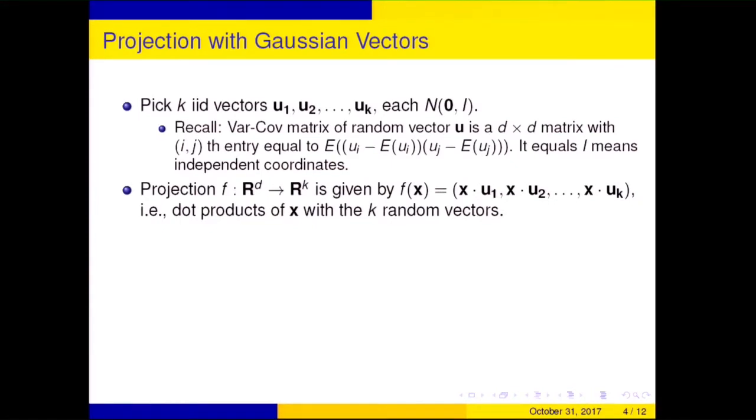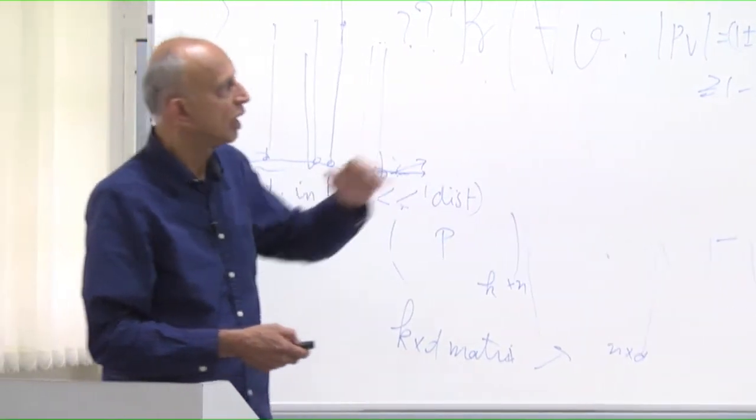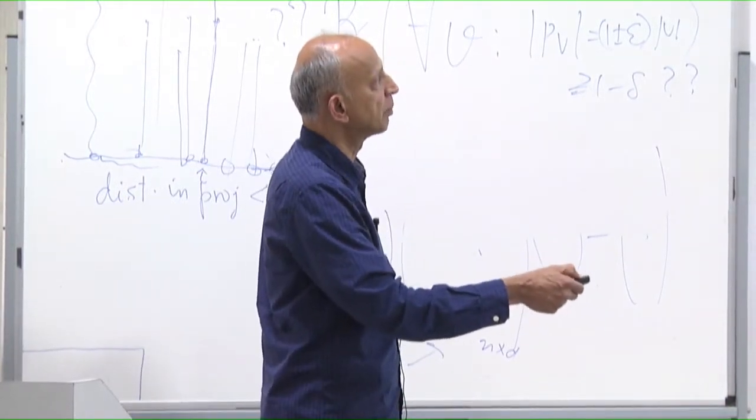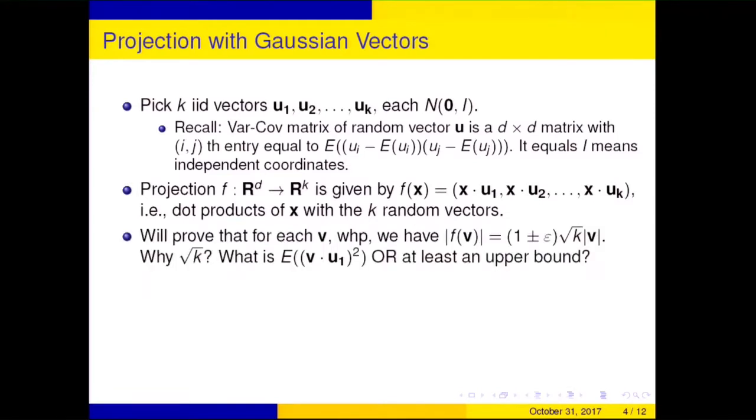These u's are not necessarily orthogonal, so it's not an orthogonal projection. But it's going to be fine for us. We still will get the length preserving property. So it's very simple. I pick k Gaussian independent vectors and just take dot products with them. So I get here a vector with k components, instead of d components.